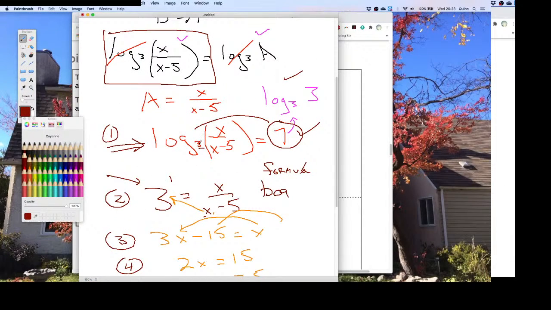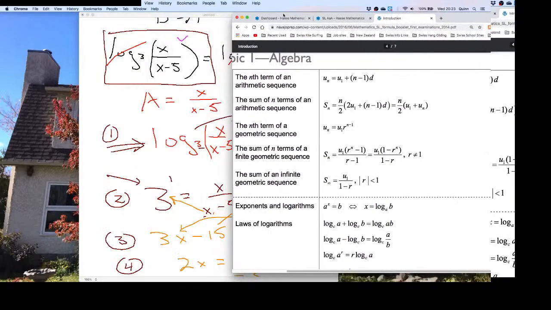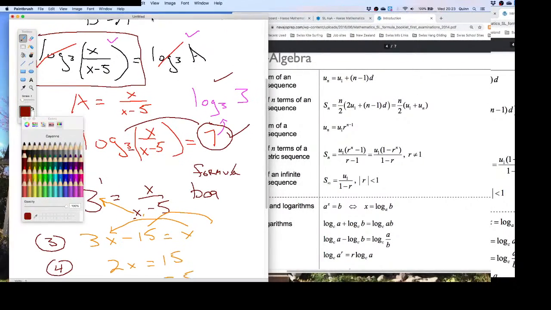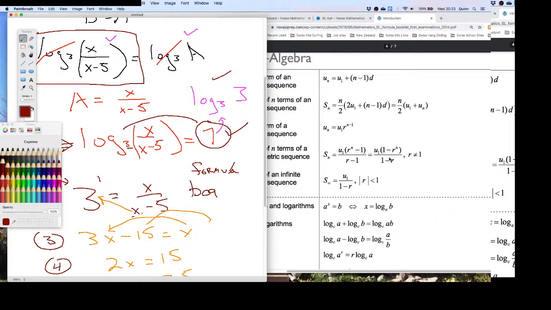So if we look at them side by side, here you go. This base here, a, becomes that a, which is 3. This b in the log, which is x over x minus 5, that becomes this b, which is this here.